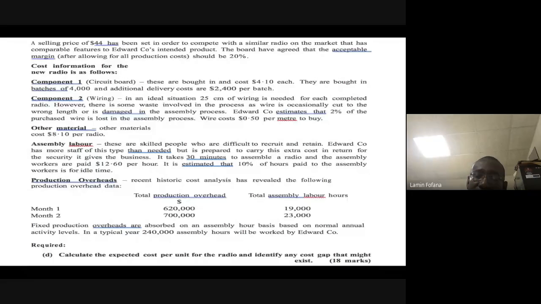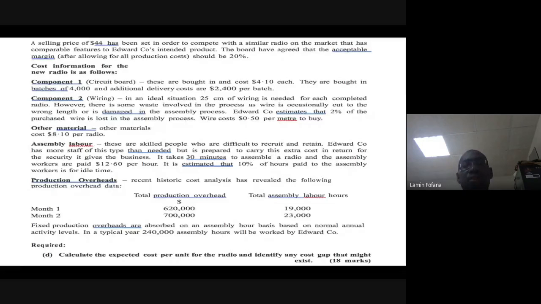Okay, so if you see a situation whereby you're given total production overheads more than once and the total labor hours, or total activity level (it doesn't have to be only labor hours), the first thing that should come to your mind is that this cost has some elements of variability and some elements of fixed.